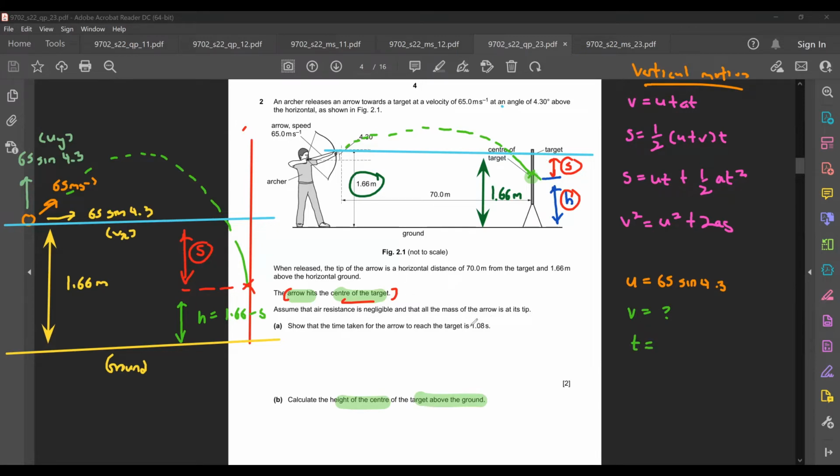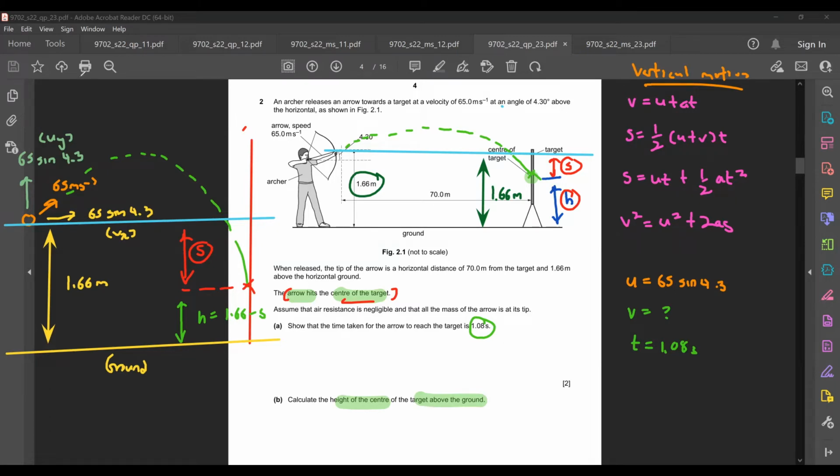I know the time taken is 1.08 seconds. This one I know, because that time I mentioned to you one important thing about projectile motion. That one was this. I'm just going to write it somewhere at the top here.